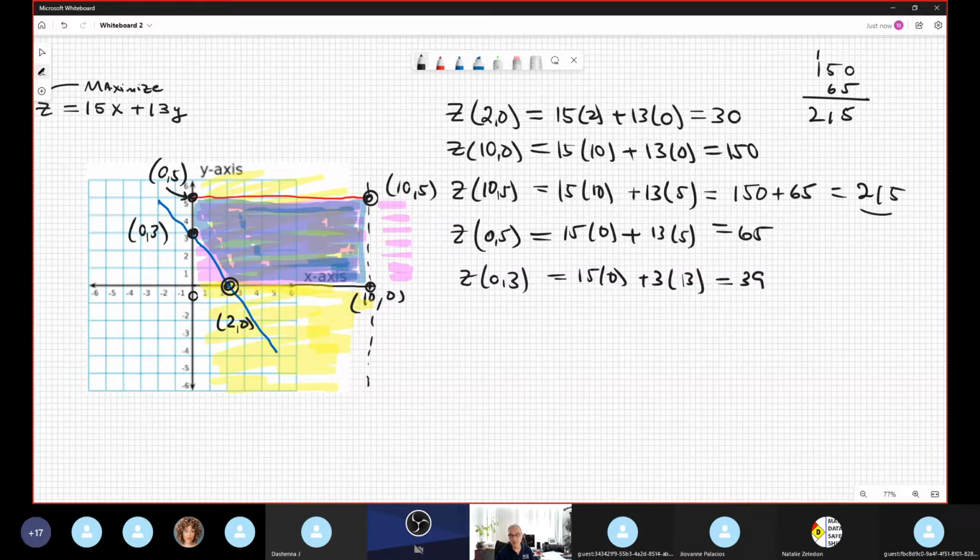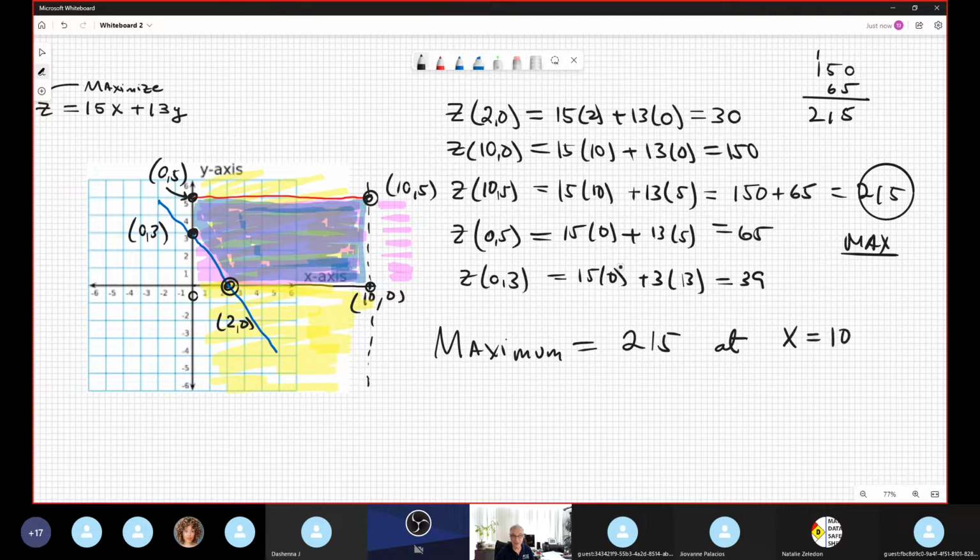It's obvious the maximum is this. So the optimization of the objective function occurs at the point where you're right, maximum is equal to 215 at x equal to 10 and y equal to 5. End of the story. At the point 10,5. That gives option D in our handout.